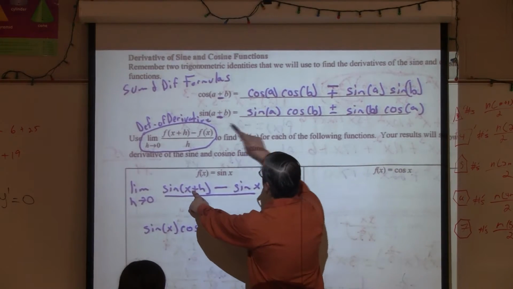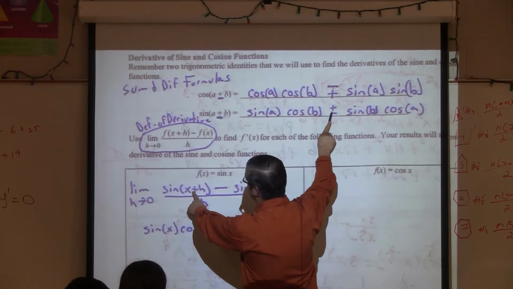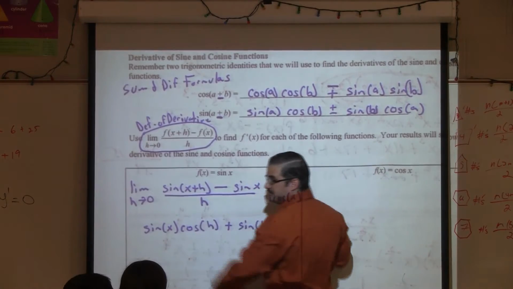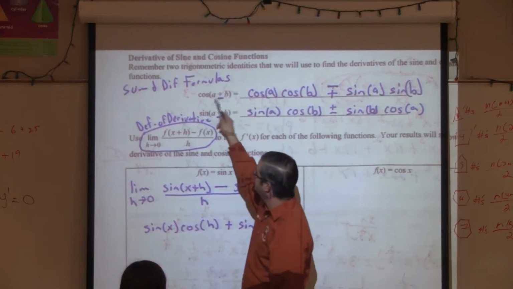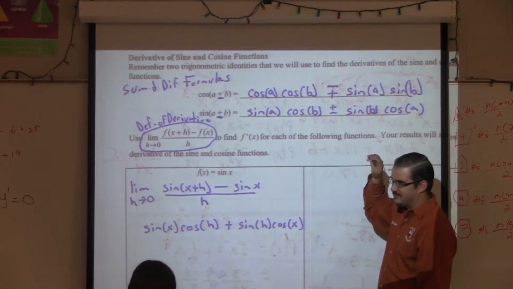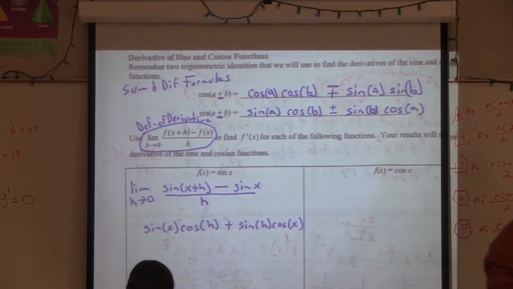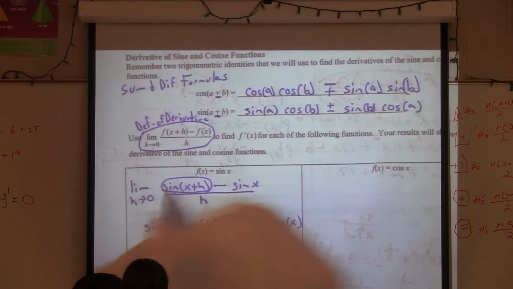Right, x plus h. We're using sine, right? Yeah. So it's plus. We're not doing cosine of x plus h. We're doing sine of x plus h. Yes? Yes. Okay. And then it'll be all of that, that's just this part right here.